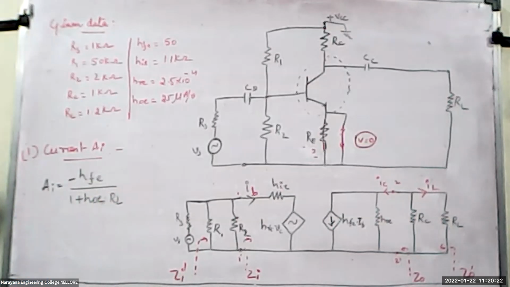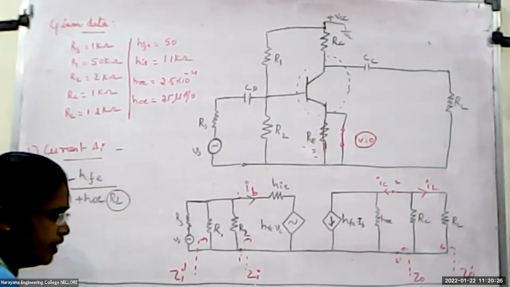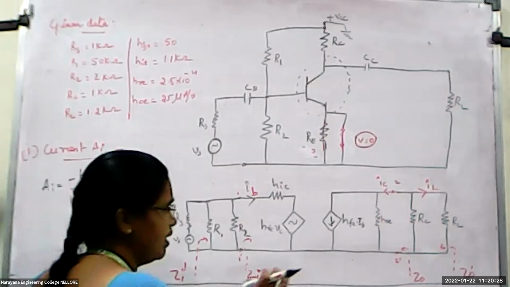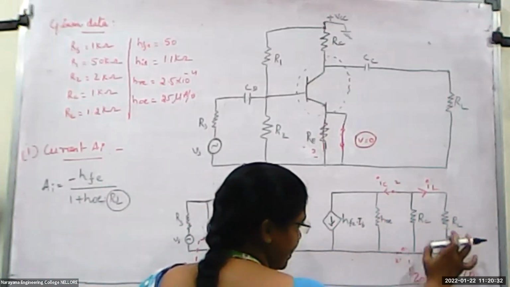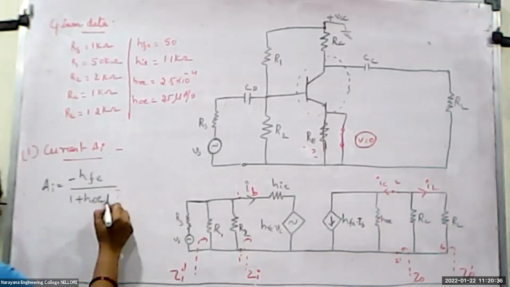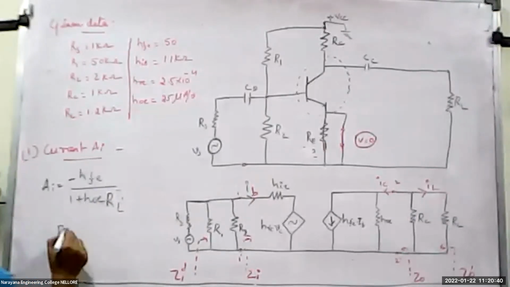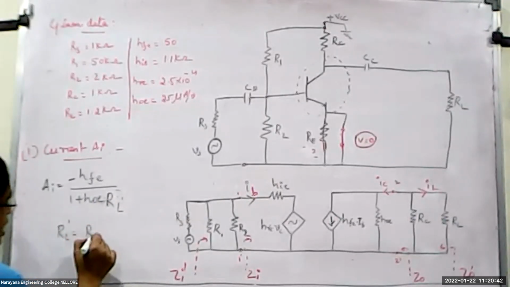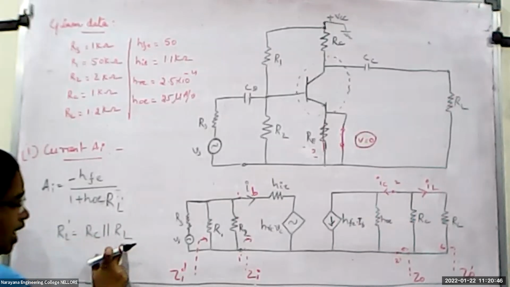Here consider RL. In the previous class RL was only the load resistance, but here RL is a parallel combination of RC and RL. So I can replace this as RL dash. RL dash is RC parallel with RL.